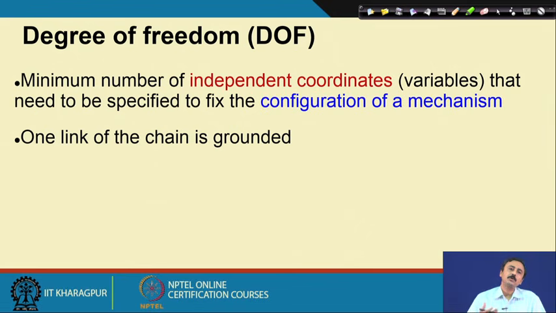The reason is, suppose you have a plier. Now, a plier can be taken anywhere in space, but when you talk about degree of freedom of the plier, it is the relative motion of the links. Therefore, it is with respect to one link or one of the links that we will discuss the concept of degree of freedom of the plier.